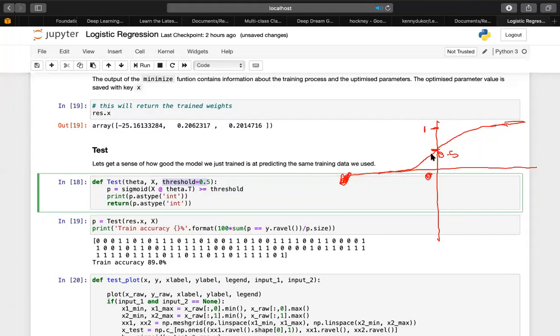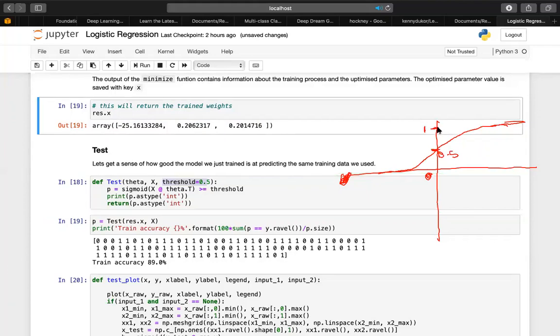Take breast cancer, for instance, where you have 1, meaning that the person has breast cancer, or 0, that the person doesn't have breast cancer. You would sometimes want to set your threshold to be 0.4, because if you use 0.5... setting it at 0.4 means that you don't want to take chances, basically.